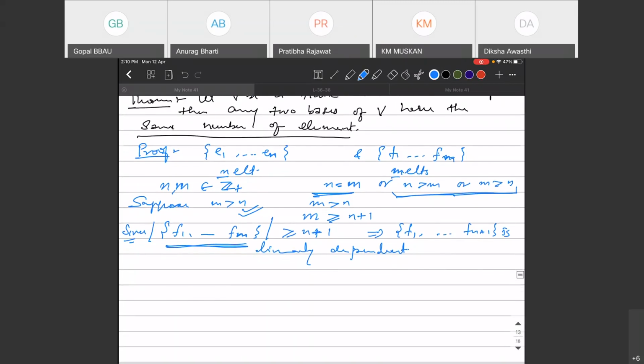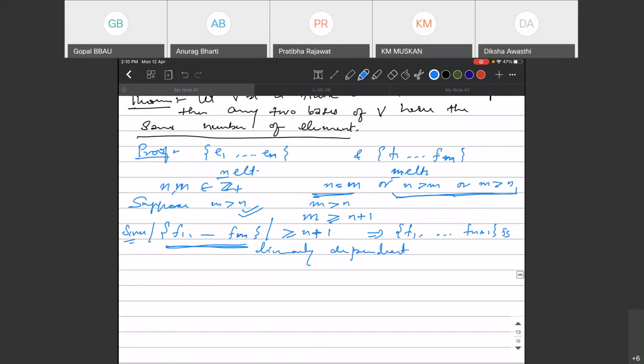So what does it mean? So it means there exists, okay, so this is m. There are scalars alpha 1, alpha 2, ..., alpha m such that the linear combination equals 0, and some of these alpha i's are non-zero.